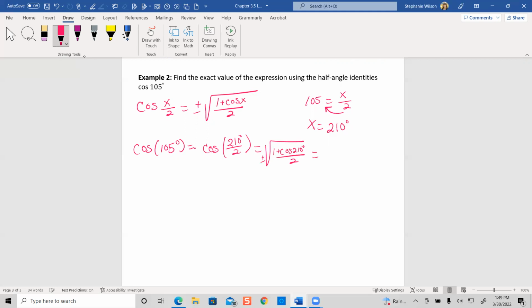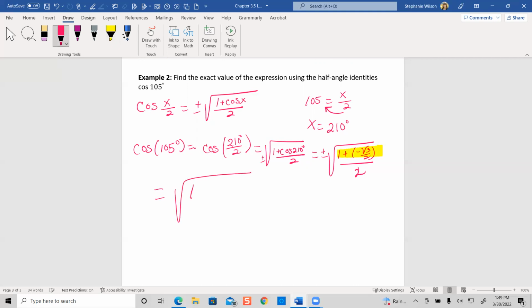When I go to the unit circle, cosine of 210 degrees is negative square root of 3 over 2, over 1. I didn't need to put a plus or minus here; it's just a plus. All right, so what I want to do is clean up the inside. Let's clean up the numerator a little bit.